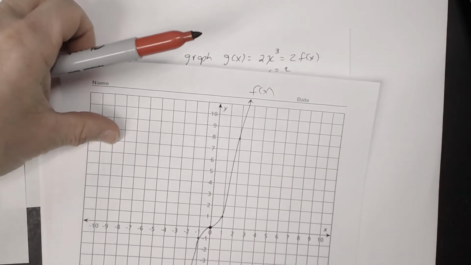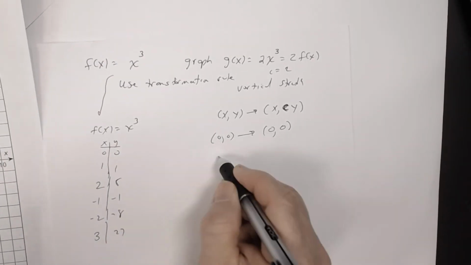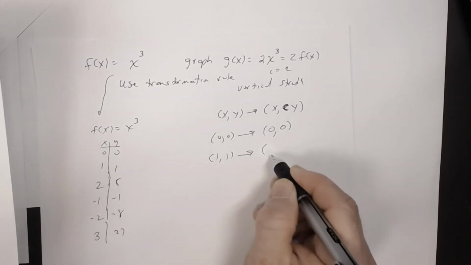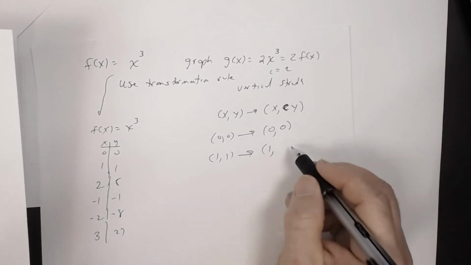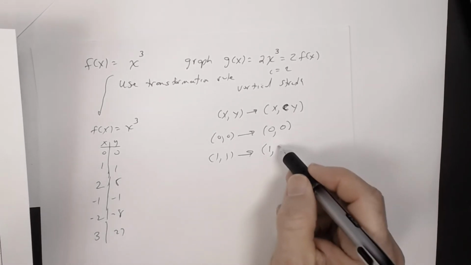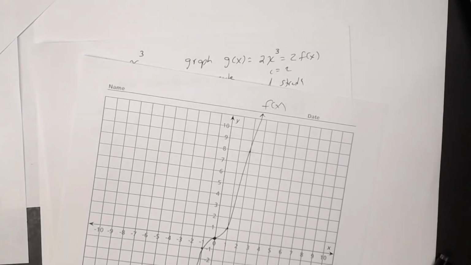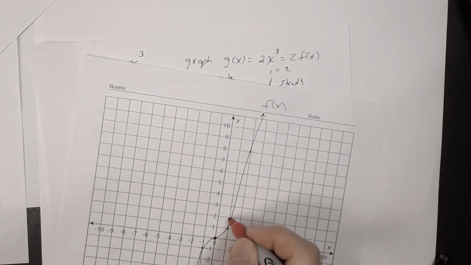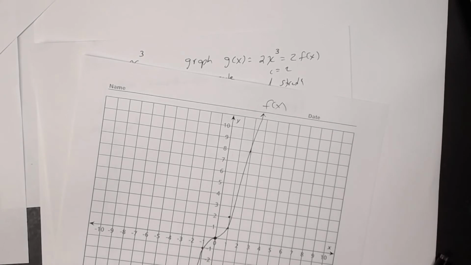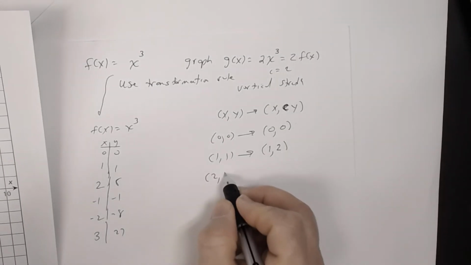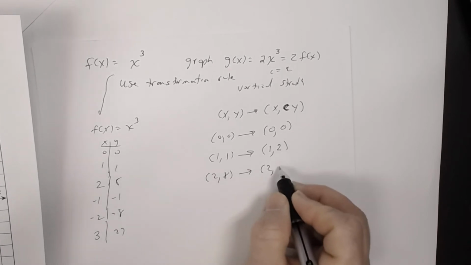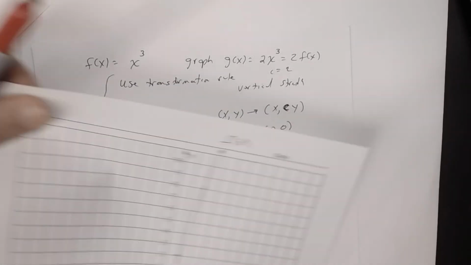The point 1, 1 becomes what point? So remember, the x value stays the same, it's the y value that changes. So I've got to multiply the y value by 2, which is 2. So the point 1, 1 becomes the point 1, 2. All right. Now the point 2, 8 becomes the point 2, 16, right? 2, 16.